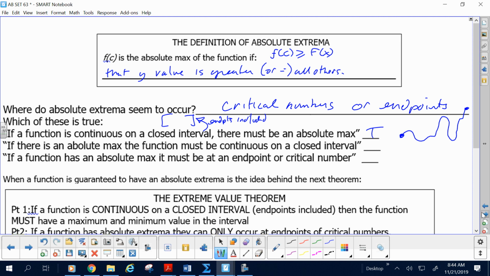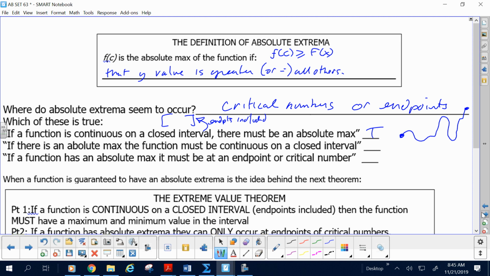If a function's continuous on a closed interval, it must have an absolute max. And what about the second one? If there's an absolute max, it must be continuous on a closed interval. Is that the case? If I told you there's a function that has an absolute max, does that imply it must have been continuous and had endpoints? Give me an example of a graph that would have an absolute max but doesn't end or doesn't go continuous.